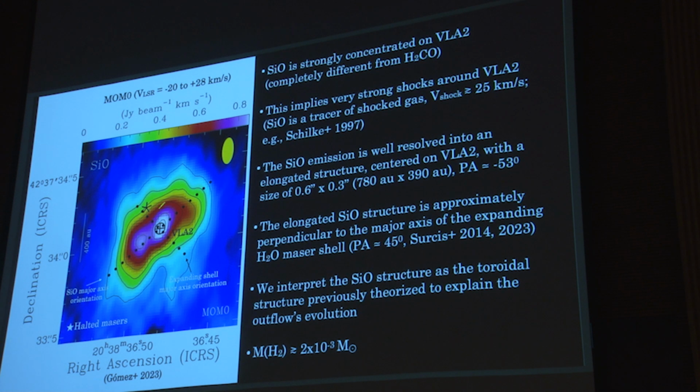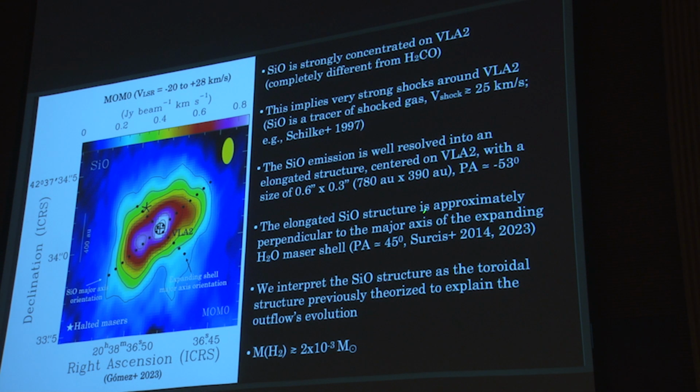Well, this is the major axis of the SiO structure, and this is the orientation of the expanding shell that we observe in the maser emissions. You see that the elongated structure is almost perpendicular to the major axis of the expanding motions of the masers.